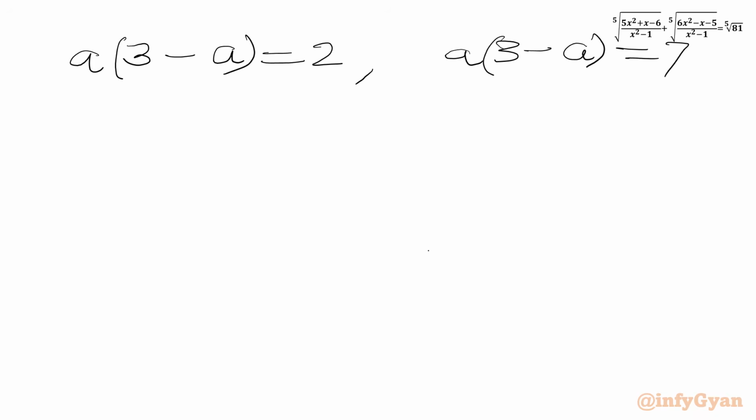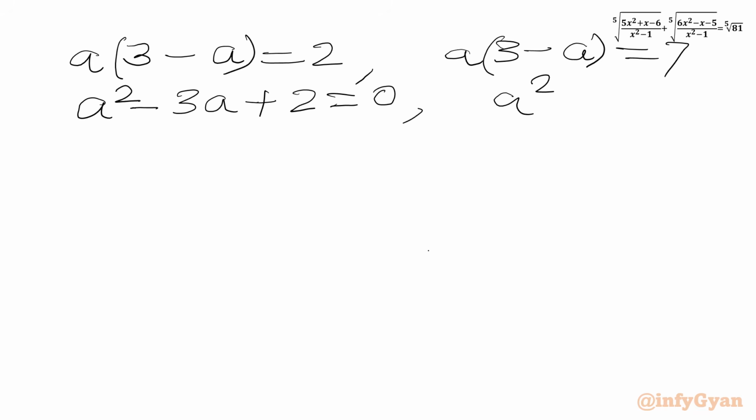We'll expand and write all the terms to the RHS. So the equation will become a² − 3a + 2 = 0 from here, and a² − 3a + 7 = 0 from our second equation.